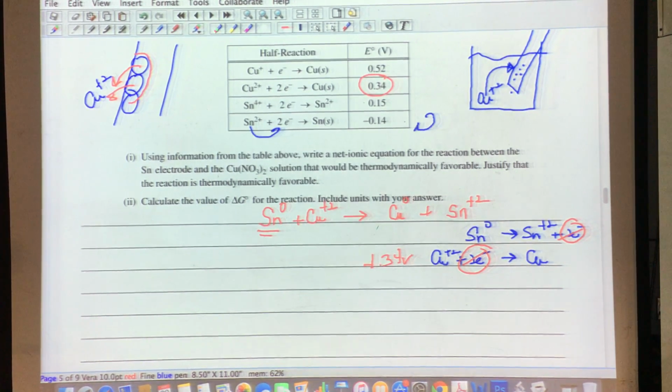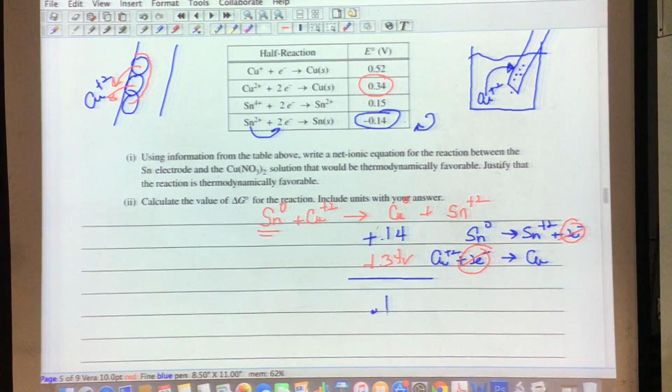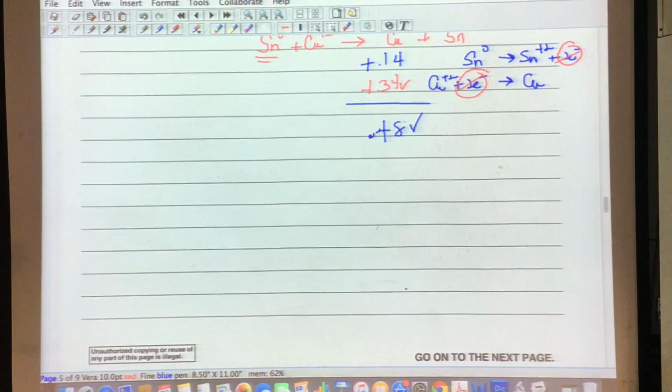I flip them. We always flip for reduction potentials anyway. So this is going to be positive 0.14. And then I add them together. What do I get? 0.48 volts, correct? And how does this become my proof that this is spontaneous?